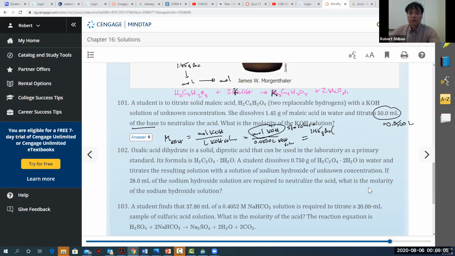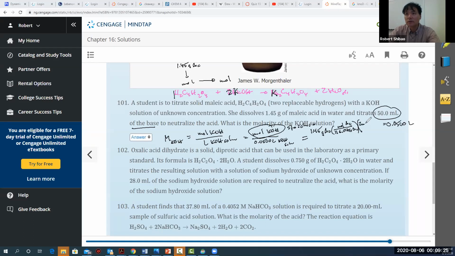And so it's 116.07 grams per mole of acid, maleic acid in this case. And then the mole ratio here is 2 moles of KOH for every 1 mole of maleic acid.